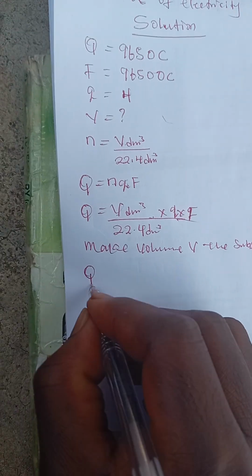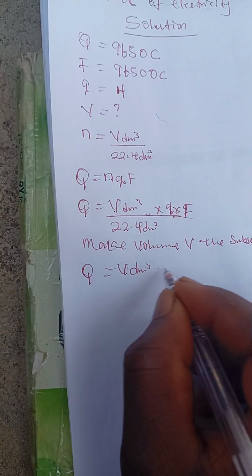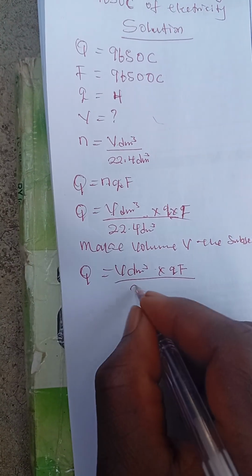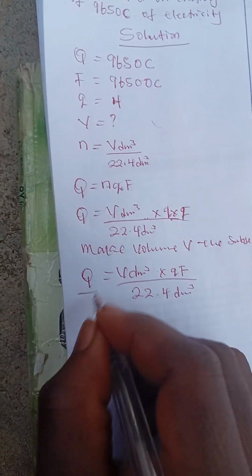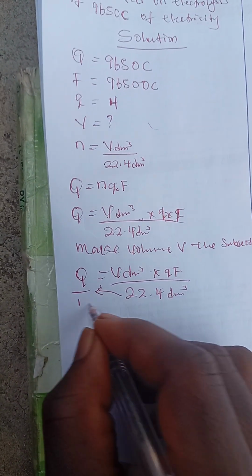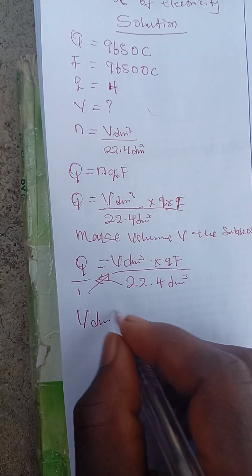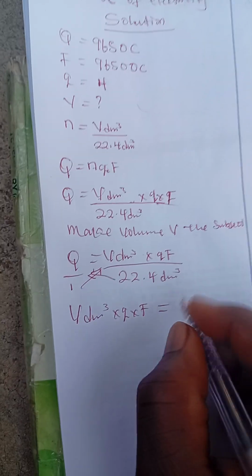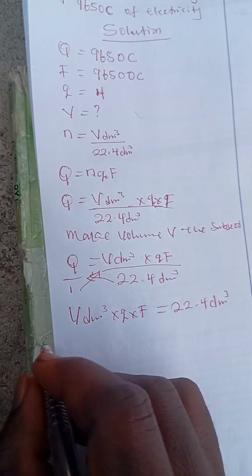Here we will have V in dm cube times this all over 22.4 dm cube, and this will be all over 1. We cross multiply, so V times q times this will be equal to 22.4 dm cube times the quantity.